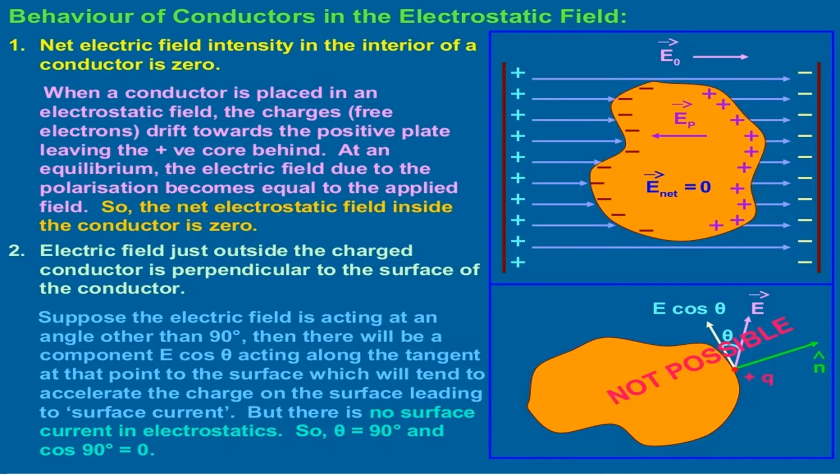Let the electric field E make an angle theta with the surface. Then the component of the electric field along the surface would be E cos theta. As electrostatic condition is reached, E cos theta is 0. But E is not 0, therefore cos theta is 0, or theta is 90 degrees. That is, the electric field intensity E is always perpendicular to the surface of the conductor.